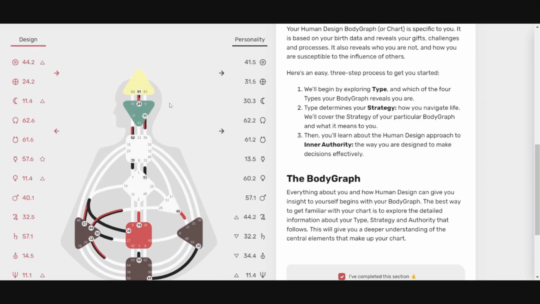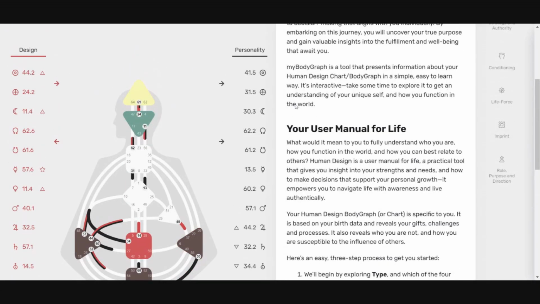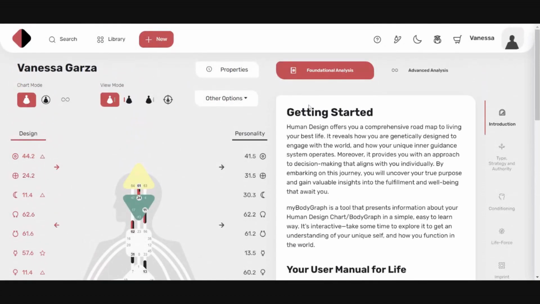This is what the body graph looks like. You can pay some extra on mybodygraph.com to get some explanations of the things. That's up to you to upgrade, or you can just get that information as we go through the program.